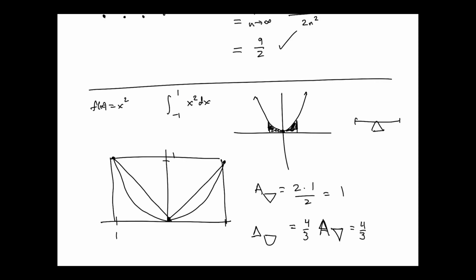So if the ratio of their masses is 2 to 1, you want the ratio of their distances to be the inverse, 1 to 2, and then they'll balance. That's called the law of the lever, and Archimedes knew this. So in a conceptual way, he said, I'm going to take this triangle and put it over here, and take this parabolic piece and put it over there, and pretend these are little kids on a playground balance.